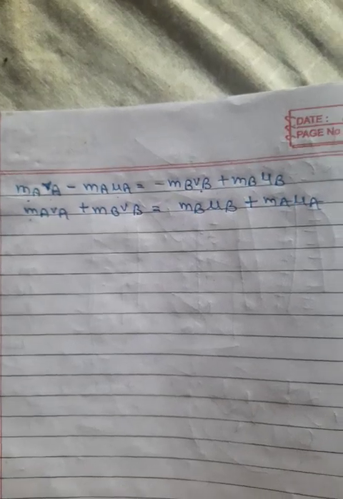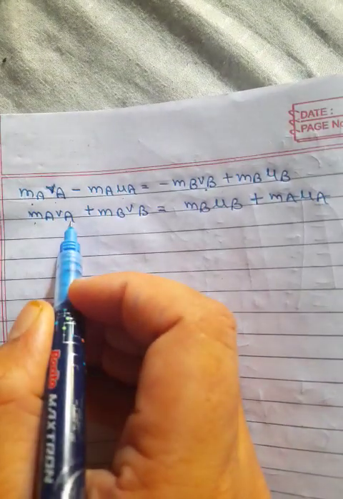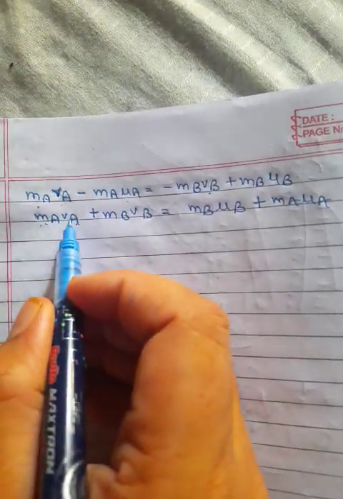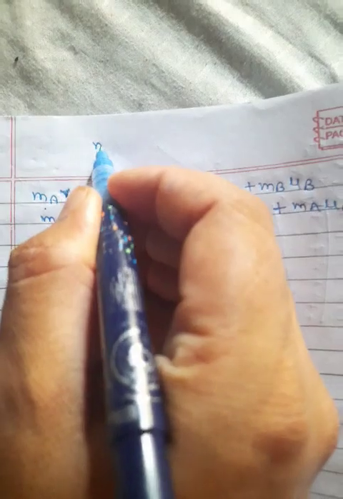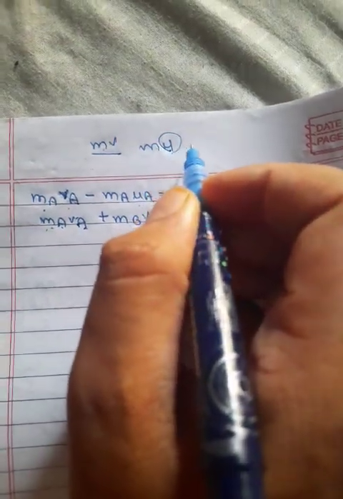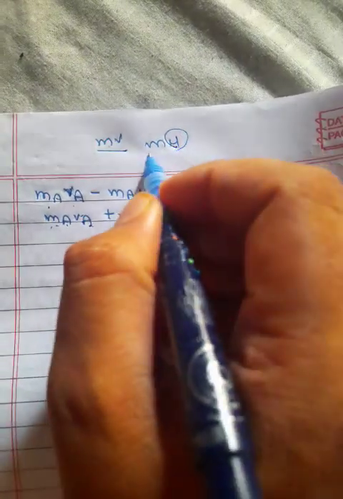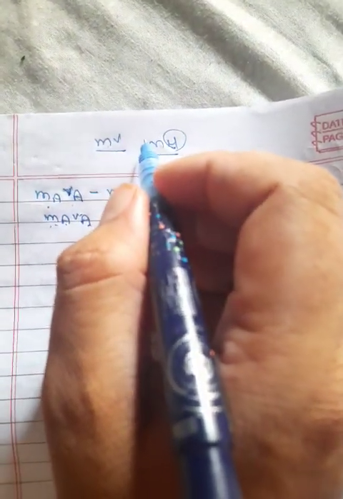After that, see here, very important, I am telling you, listen. MA VA: momentum, A object, V means final. I told you, MV means final momentum, MU means initial. This initial velocity will tell us about the initial momentum. This V will tell us about the final momentum. Say yes or no, okay or not?